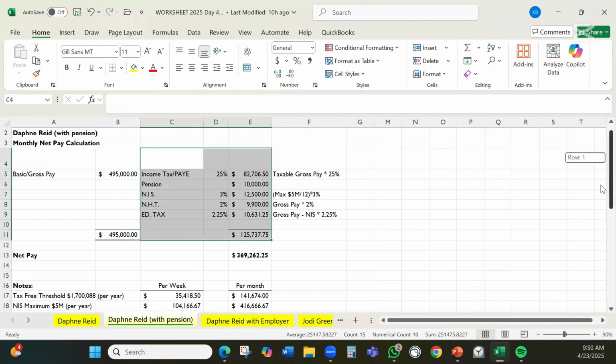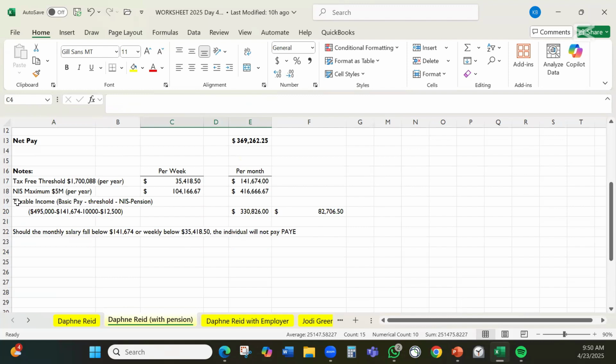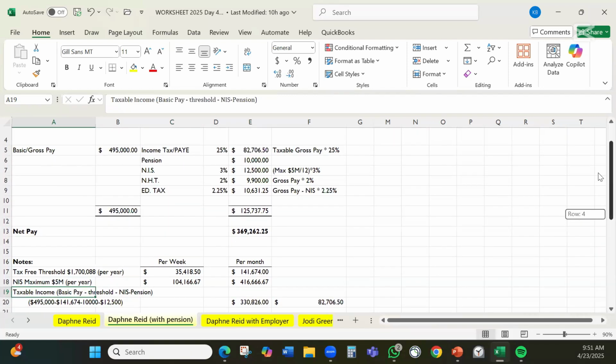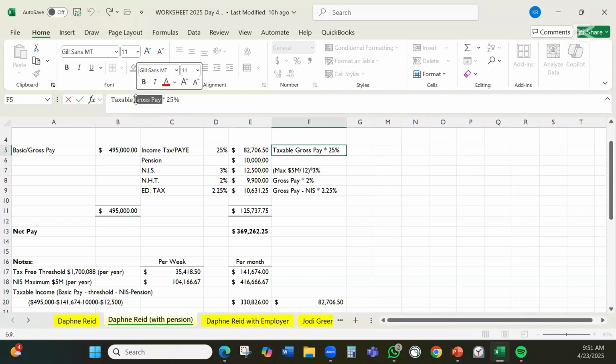But then in the formula here, I made a note down here to say your taxable income is going to be, okay, look at this. Look at what I have here. Here, I have that this is your taxable gross pay. Let me call it taxable income, so I'm using like terms here.